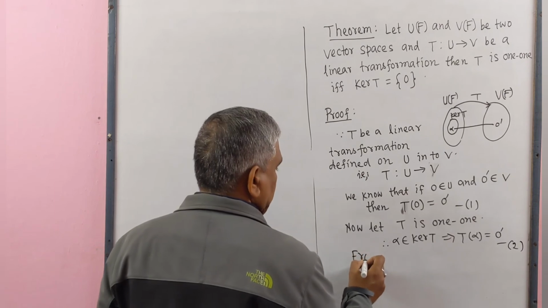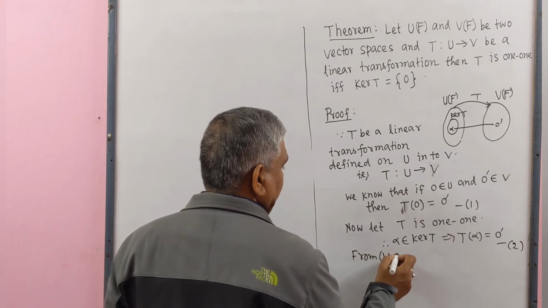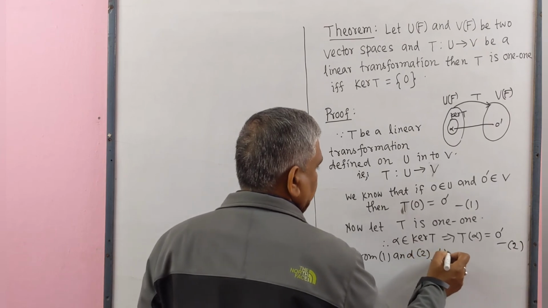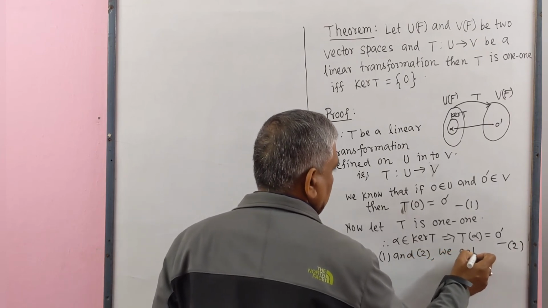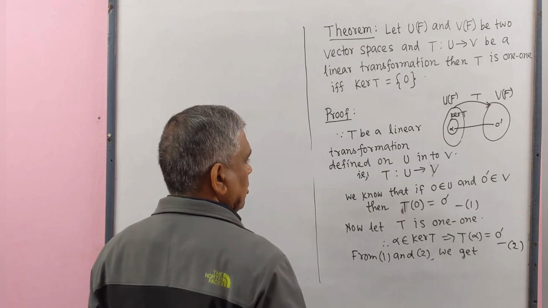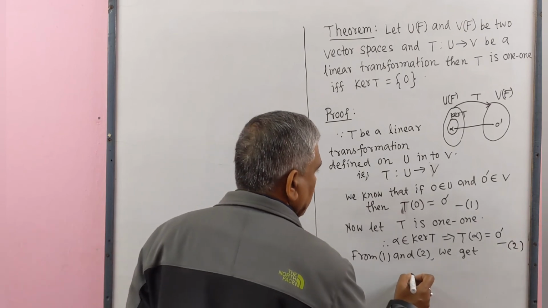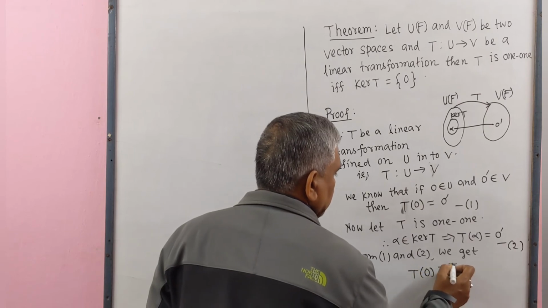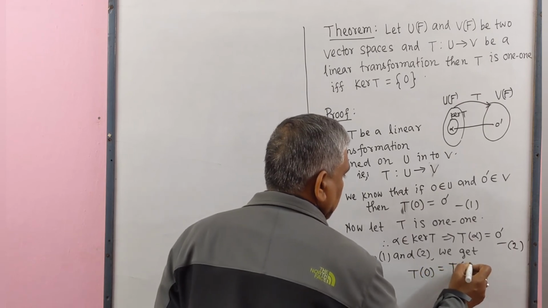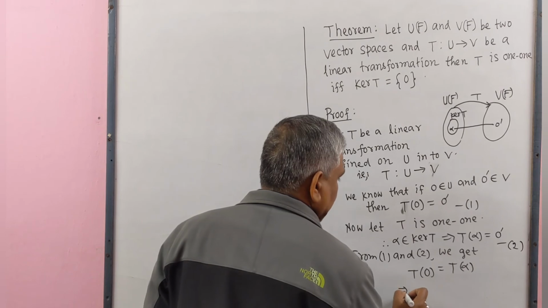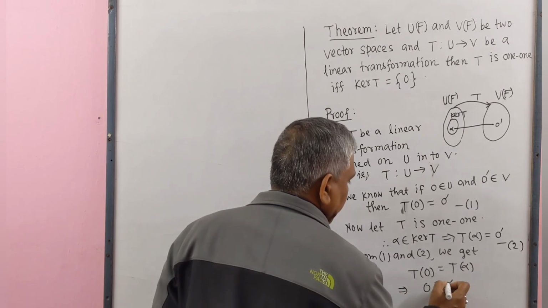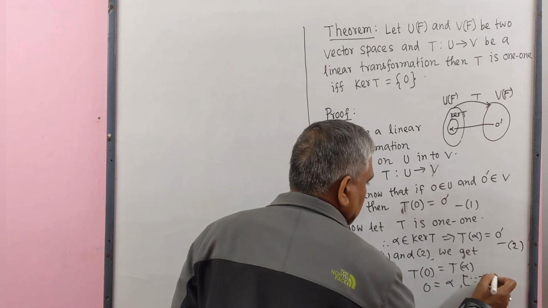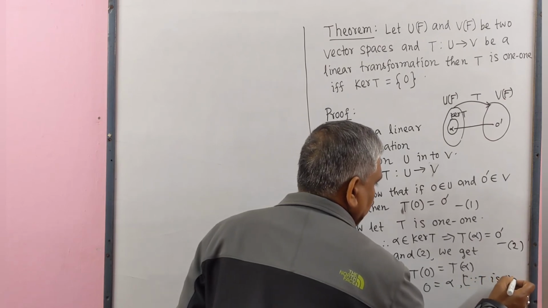From 1 and 2 we get T0 equals T alpha, implies that 0 equals alpha since T is one-one.